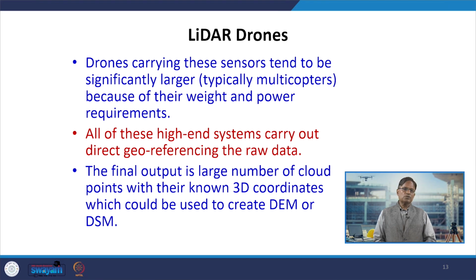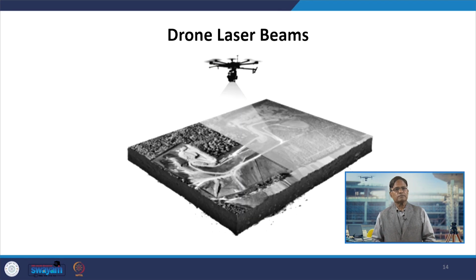So that is also a great advantage, that we are not manually doing the georeferencing of the scenes which are acquired. The final output is a large number of cloud points, and we know their three-dimensional real world coordinates. So, that is the final output which we are getting from the LiDAR, and we can use these 3D coordinates of those points to create either a digital elevation model or a digital surface model, which are required in many studies.